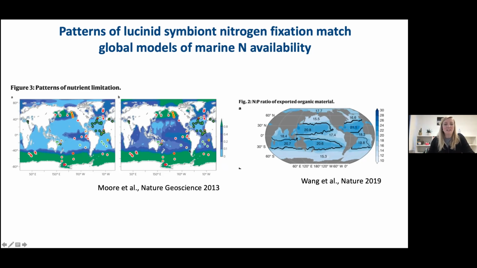I'm sure Rachel can tell me the current status of these models, but typically at these latitudes, the nitrogen is more available than in lower latitudes. And so this would also match. So even though Leucinoma is a shallow water species, it's found at latitudes at which generally nitrogen is more available than in the lower latitudes. And that might explain why it's able to survive there without being able to fix nitrogen, or why this expensive metabolic process is not needed by the symbionts there.